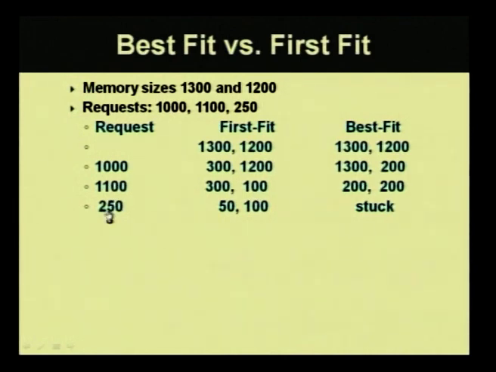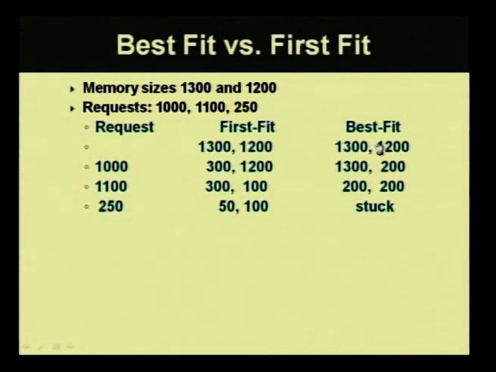Assuming in the third step another process of size 250 comes, the available holes are 300 and 100. The first available hole is large enough to accommodate this process. Therefore, after accommodation the remaining hole is 50 and the second hole is 100. This is how your first fit algorithm works.